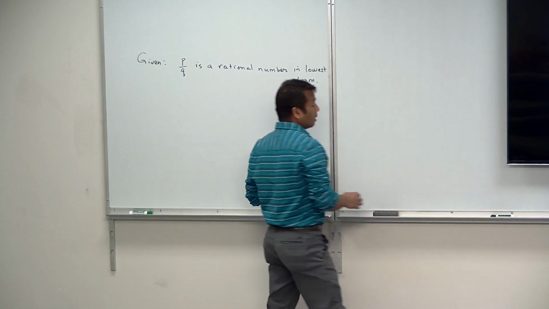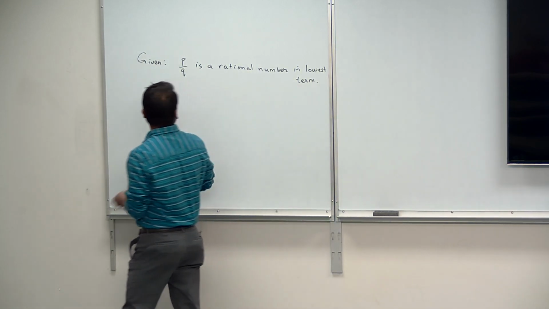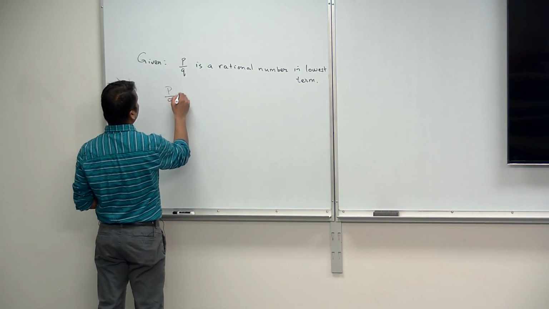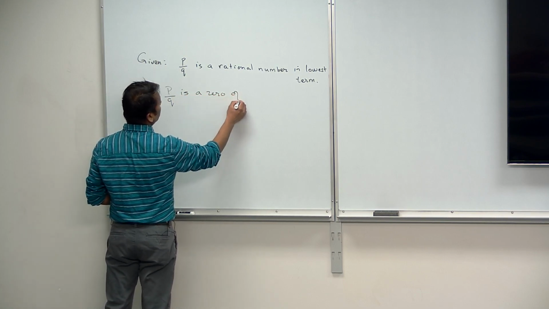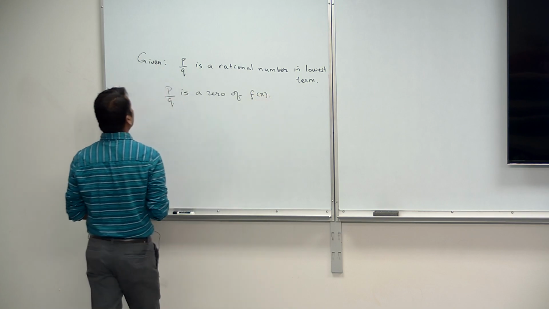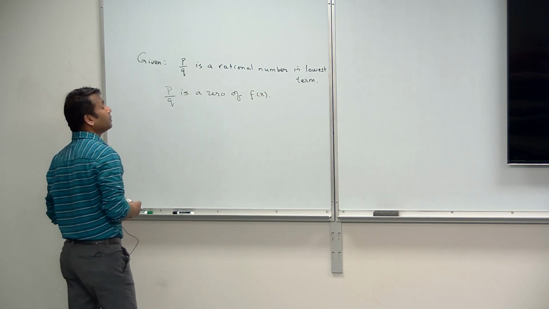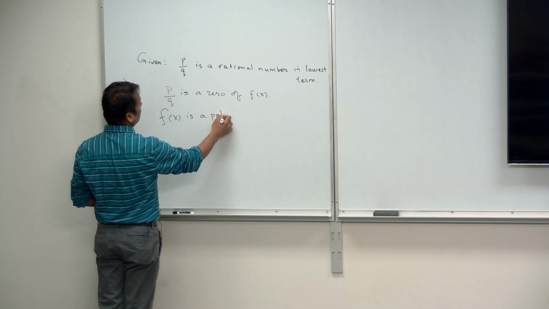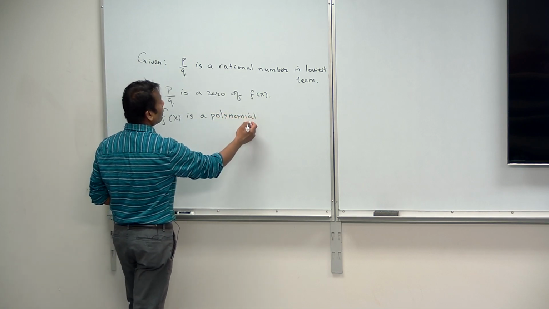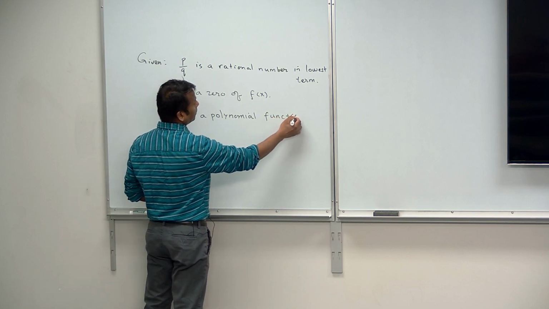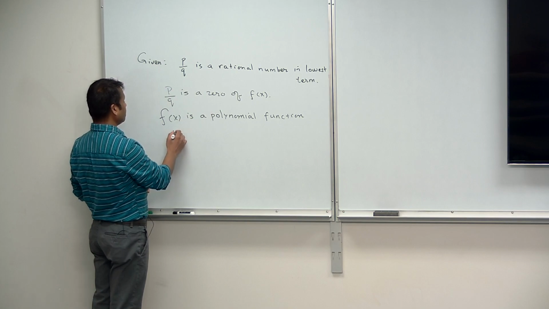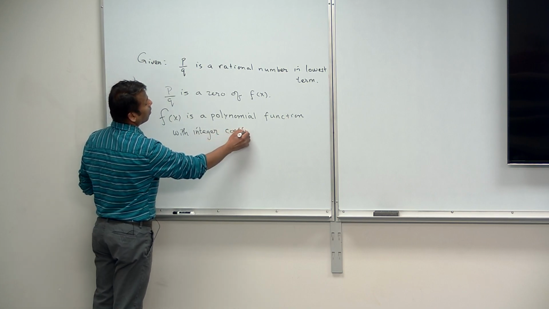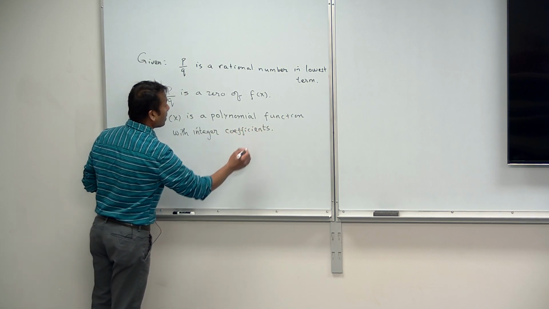And then P over Q is a zero of f(x), and f(x) is a polynomial function with integer coefficients. Then what will happen?